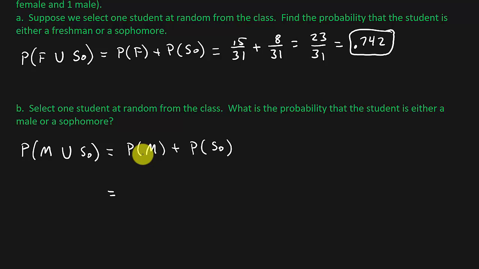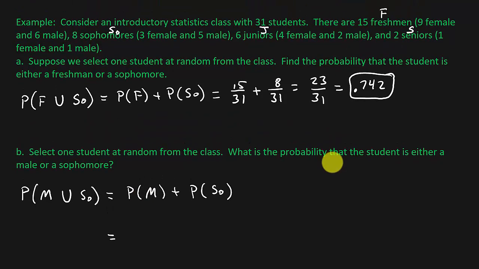looking at that, how many male students are there? Well, let's see. There's 6 plus 5 plus 2 plus 1. So 6, 11, 12, 13, 14. There's 14 male students.